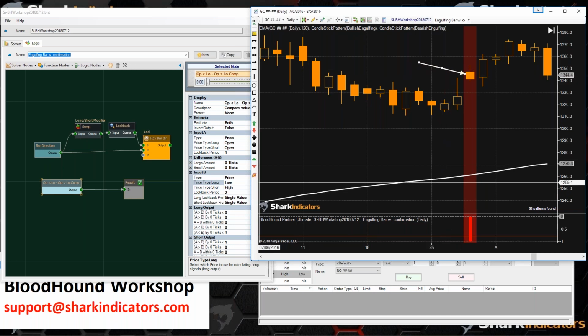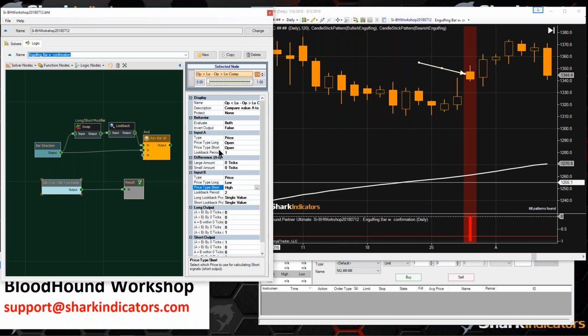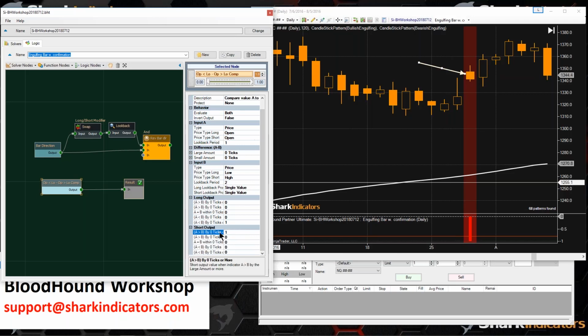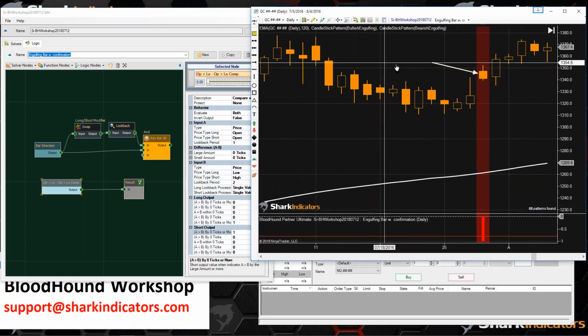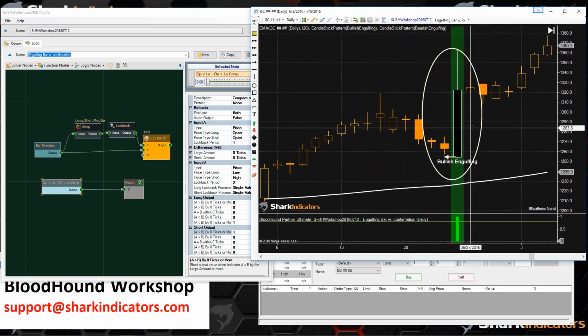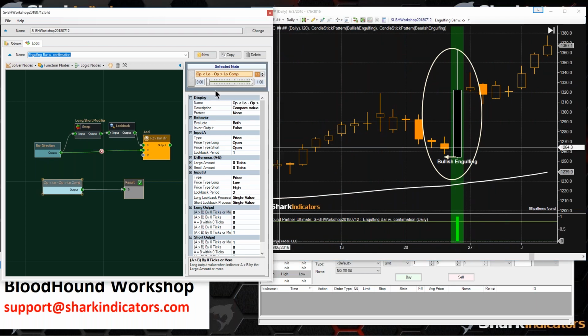So I know that the short component of this solver is working correctly. Now let's get back to the bullish engulfing. We have the open price done.